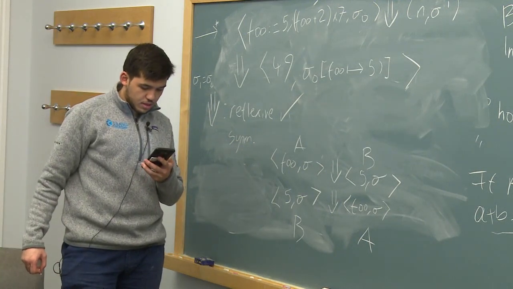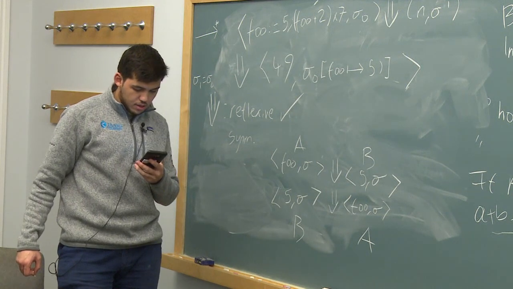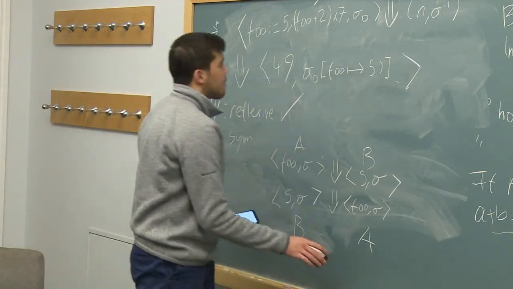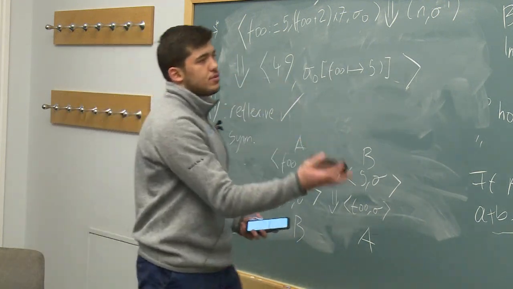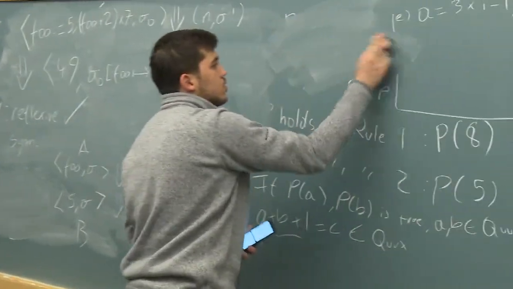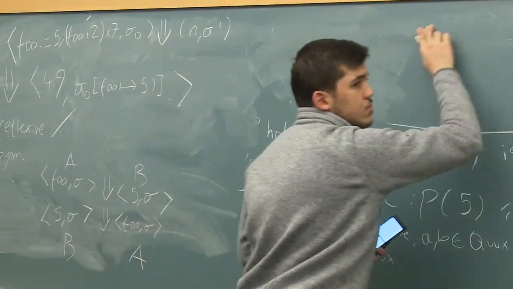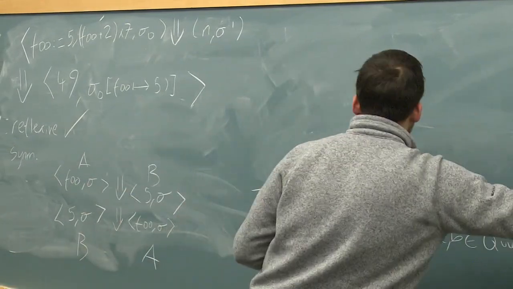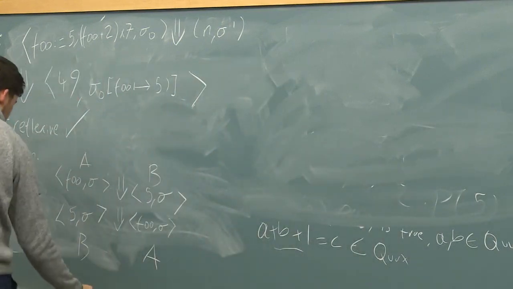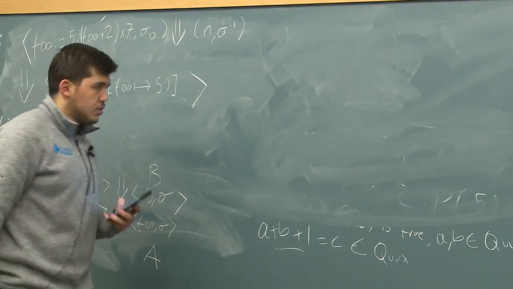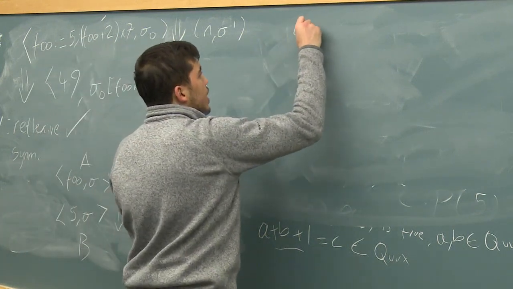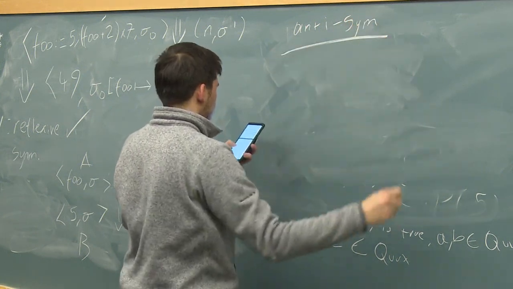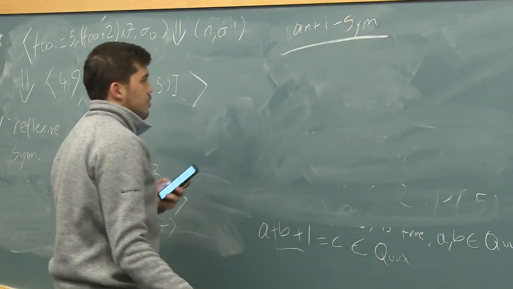So then, what is anti-symmetric? I would define that right here. We would define anti-symmetric as, let's say we have A and B again.